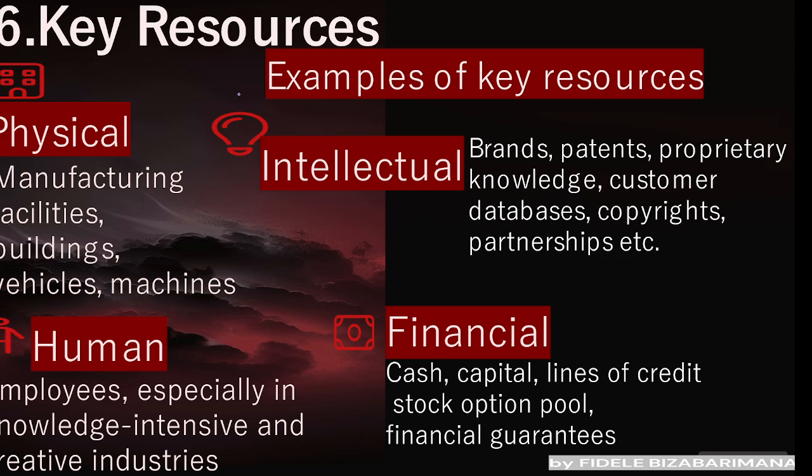The physical resources will include manufacturing facilities, buildings, vehicles, machines, etc. Intellectual resources, we have brands, patents, proprietary knowledge, customer databases, copyrights, partnerships, etc. The intellectual, the knowledge, or something that pertains to the copyrights and all these.